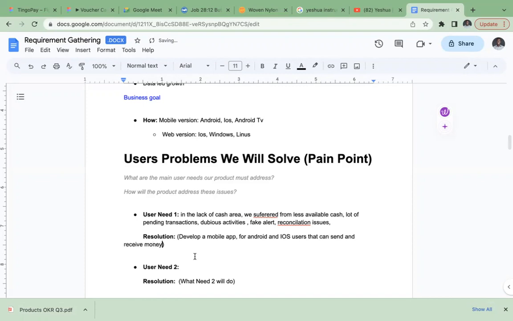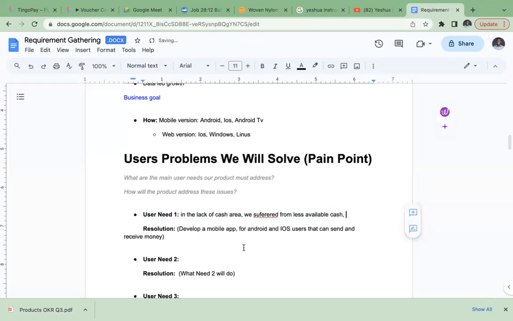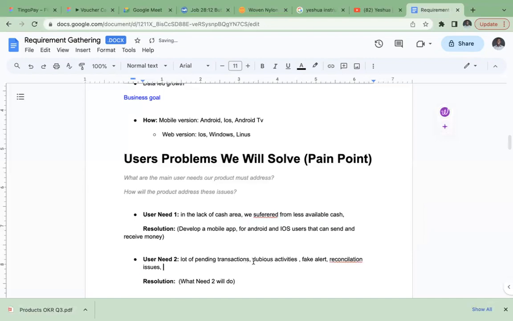Did we solve that solution? Did we solve that pain point? Can you hear me? Realistically, we solved it, right? Okay, so for 2, in reality, we did. So for 2, we have lots of pending transactions, right?